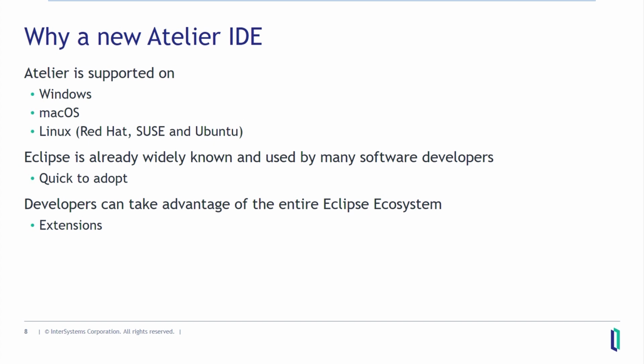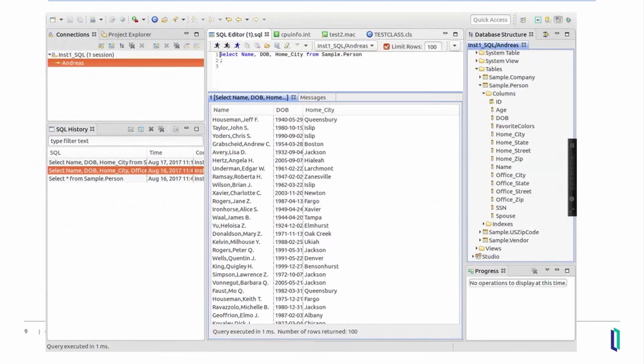One of the coolest things that I like about Eclipse is the extensions and the additional plugins that I can add to that environment, which is what this session is all about. Here's a screenshot. If you were in a session earlier, you have seen this before. This is an example of an SQL plugin from Eclipse that I find personally very useful.